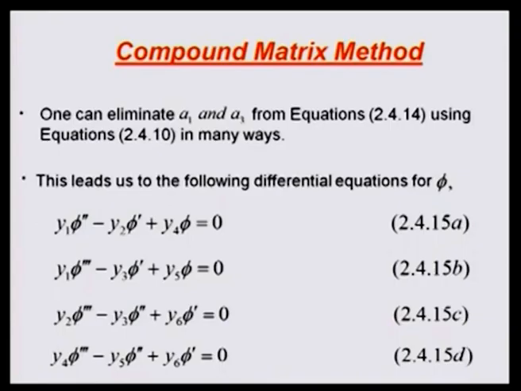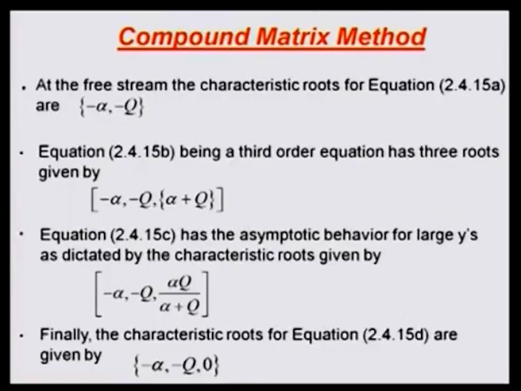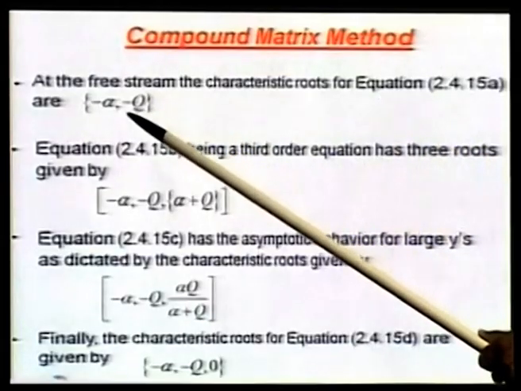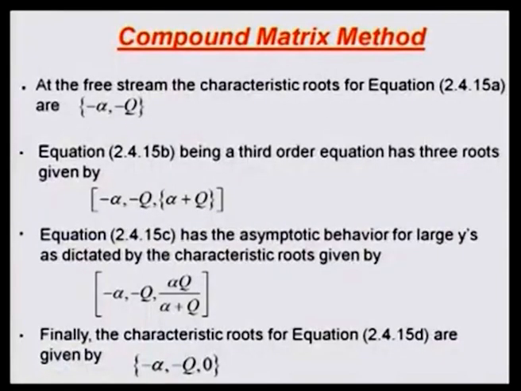You can go through this exercise and do it for all the 4 equations, and what you would find is that corresponding to the first equation, which is a second order ODE, you have 2 modes with the correct exponent, minus alpha and minus q, that is what we want. So, this looks like a consistent equation. C was not a consistent equation, right.